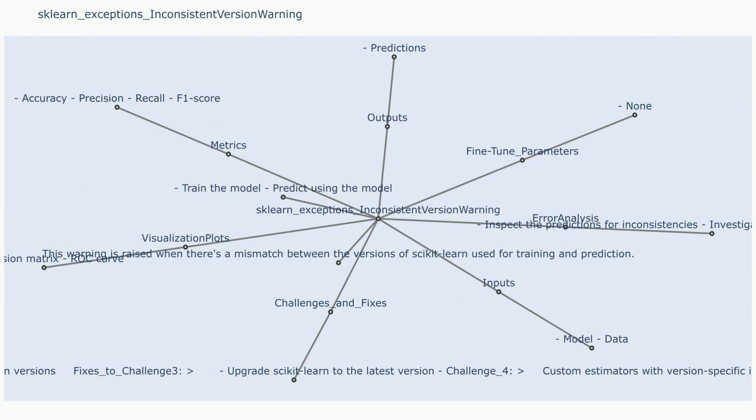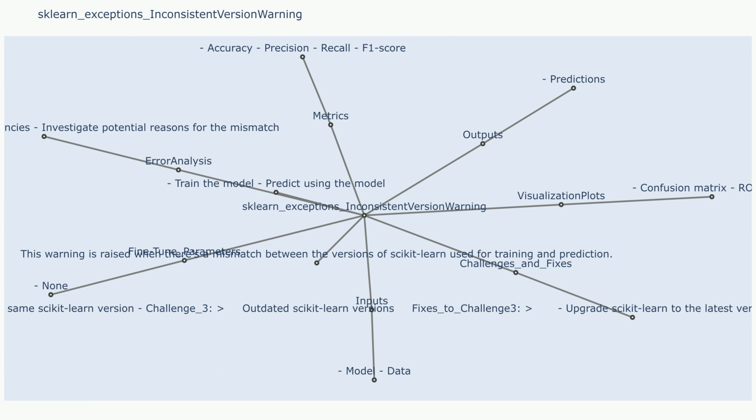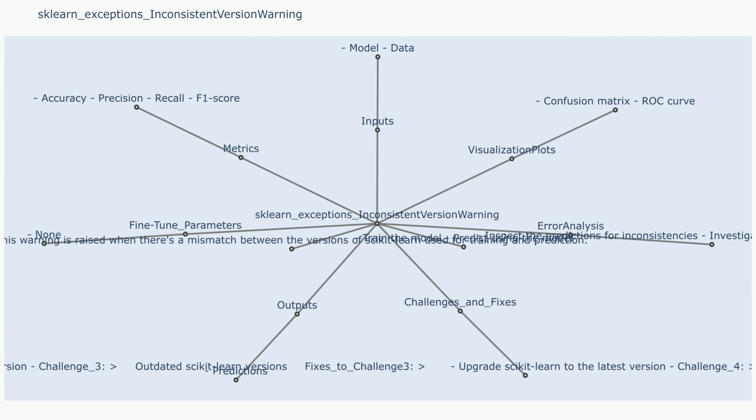Challenge 1. Unexpected behavior or errors. Using a specific combination of versions might lead to unexpected results or errors in model training or prediction. Updating the versions of SKLearn and its dependencies to the latest compatible versions can often resolve such issues. Challenge 2.